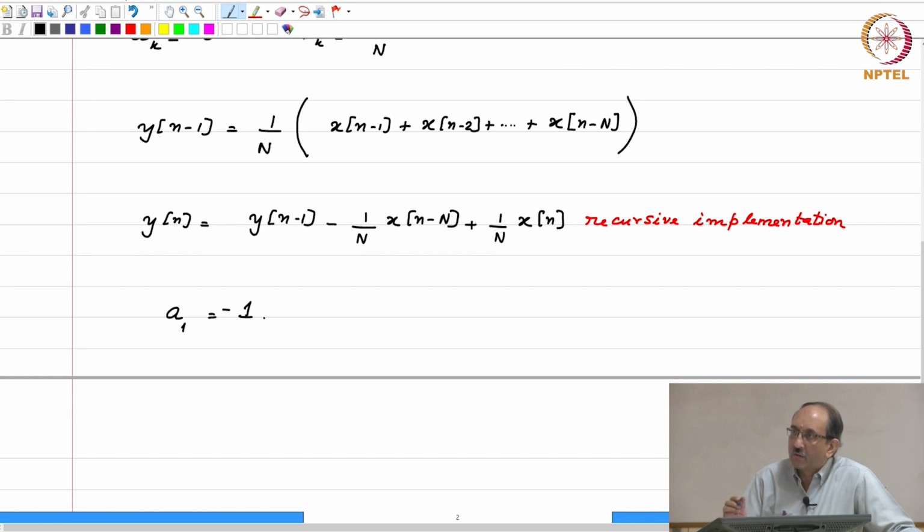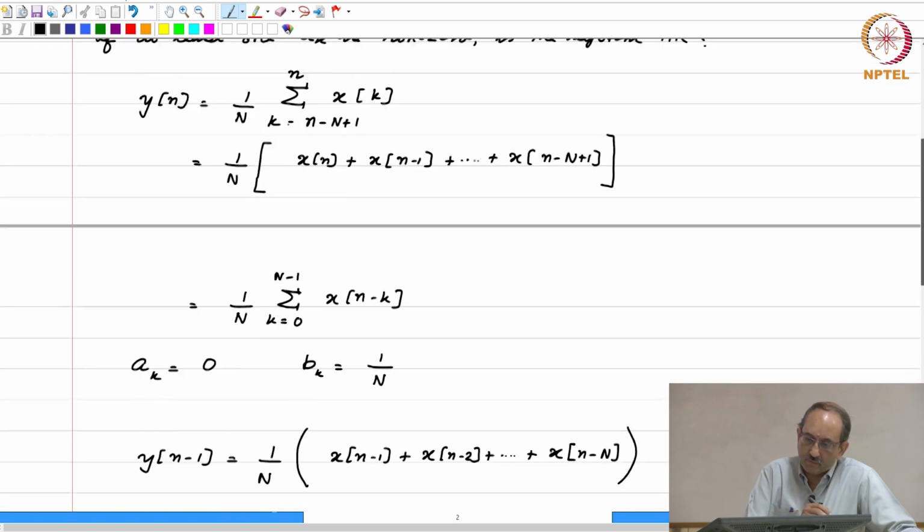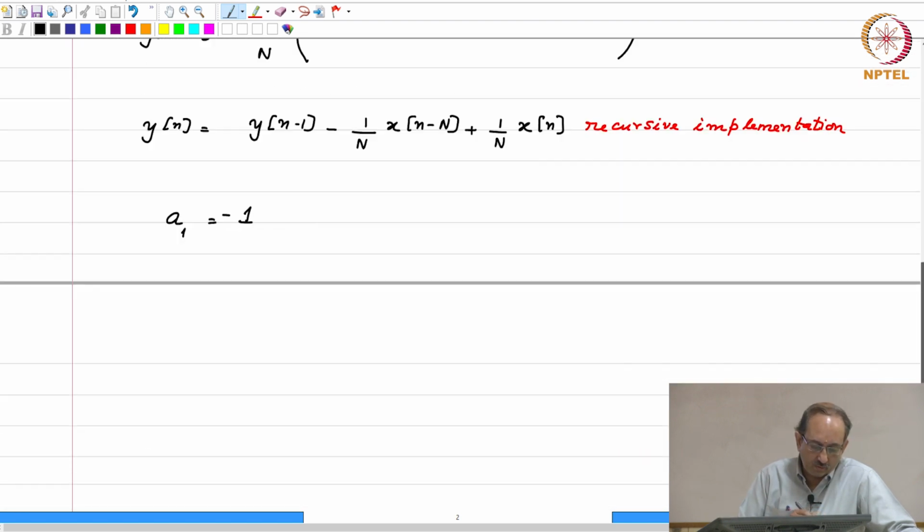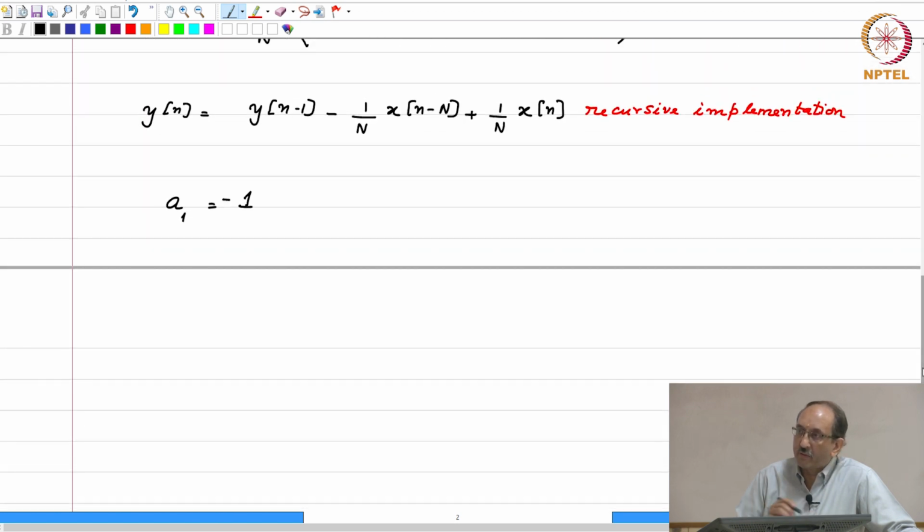But this does not make the system IIR. That is the point. Therefore, the question that we asked, if at least one AK is non-zero, is the system necessarily IIR? Here is an example that shows that that need not be the case, that there can be systems in which you may have some AKs to be non-zero and yet the system can be FIR.